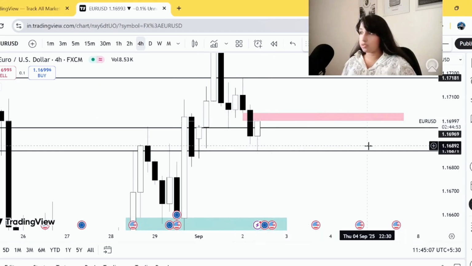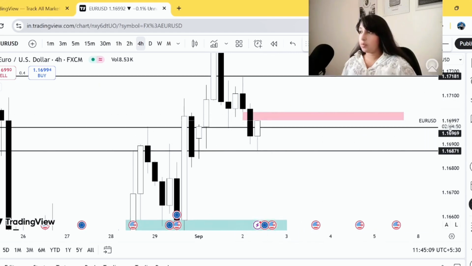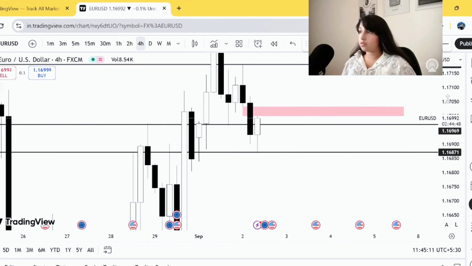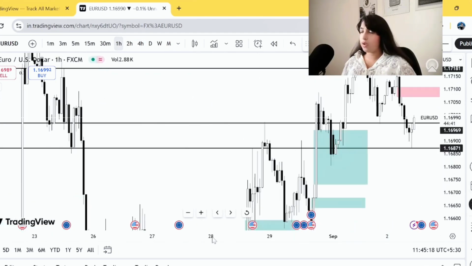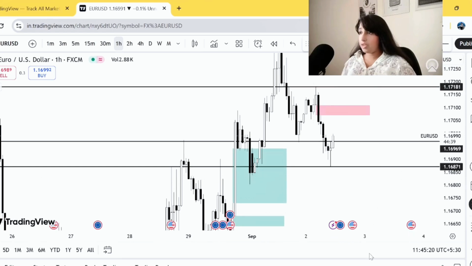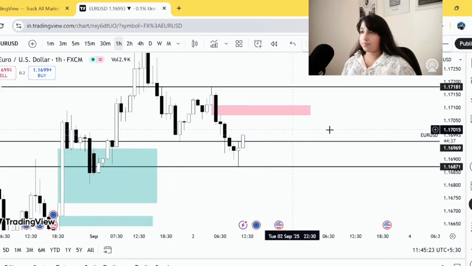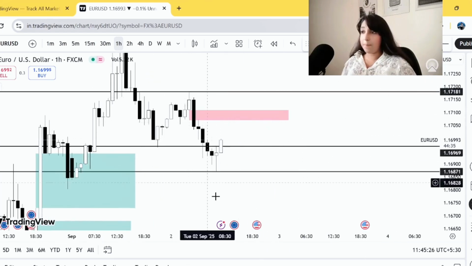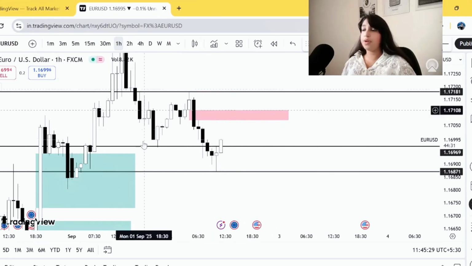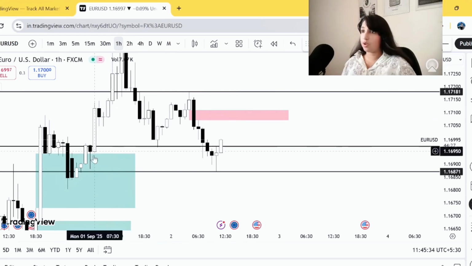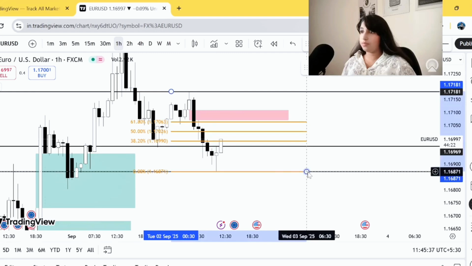If it closes like that, then it would be valid, but if it filled, then it would not form the bearish FVG. Let's see on the 1 hour time frame. On the 1 hour time frame, you can see that there was a bearish market structure.